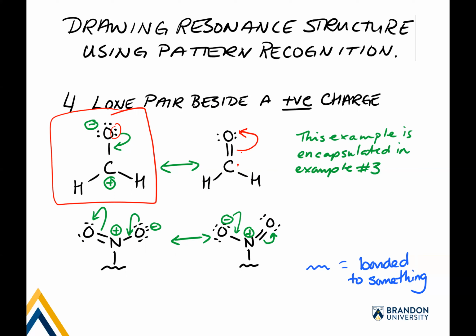But there are certain situations where you can actually have a carbon with a positive charge and some lone pairs next door, and they can generate a pi system. The nitro group is another example of this. This was the first group we were talking about resonance with.